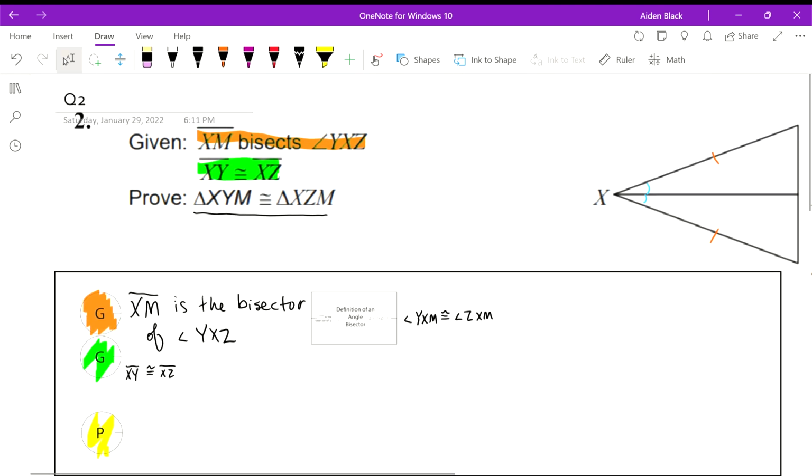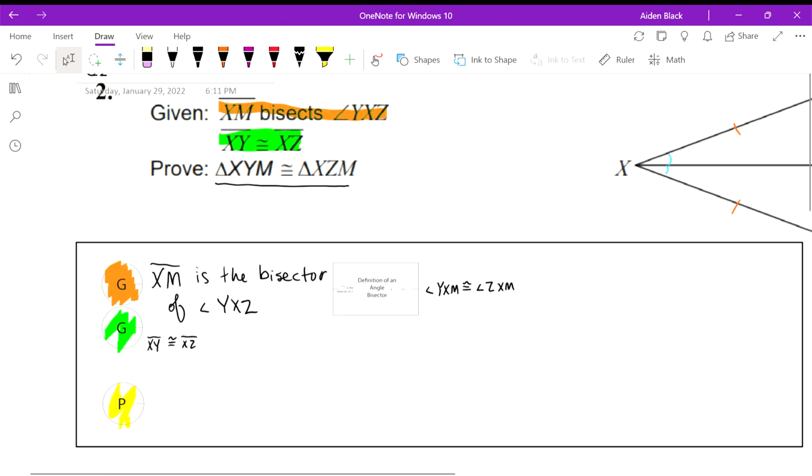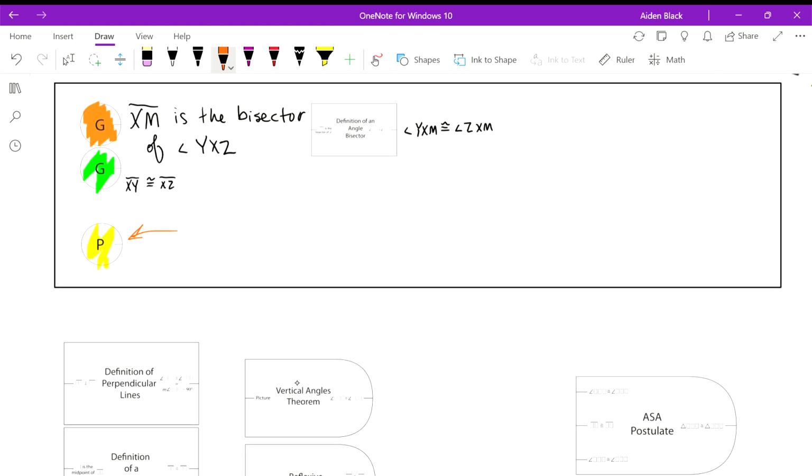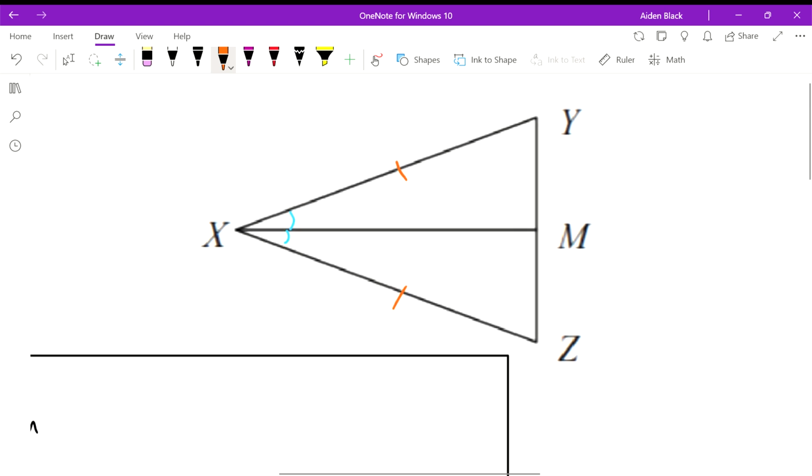Now, that's just the provided information written in mathematical statements. We need to now look at P, picture. What's given in the picture? So looking at the picture, I noticed a lot of students in class would say, oh, this is perpendicular. These two angles are congruent.